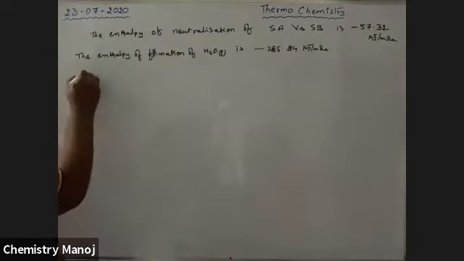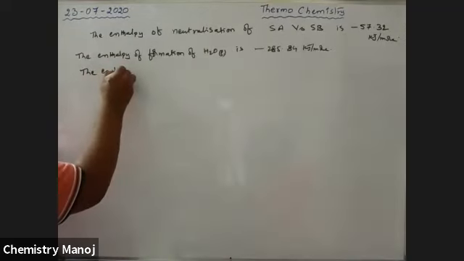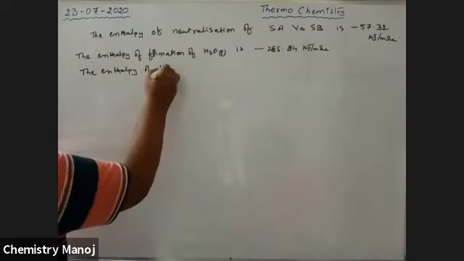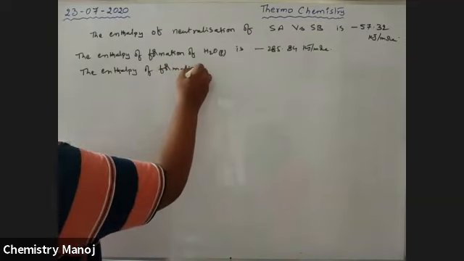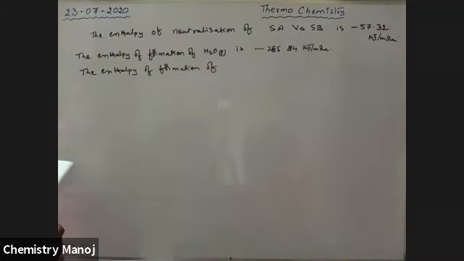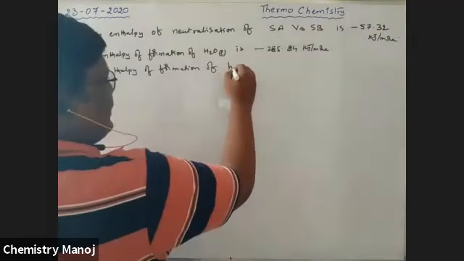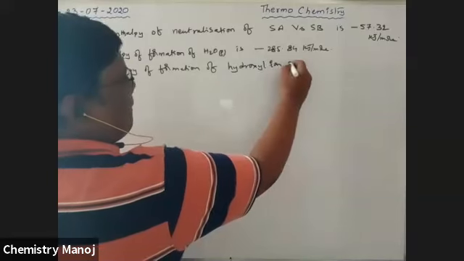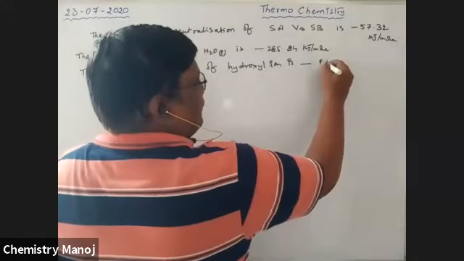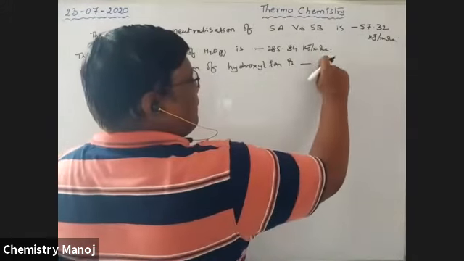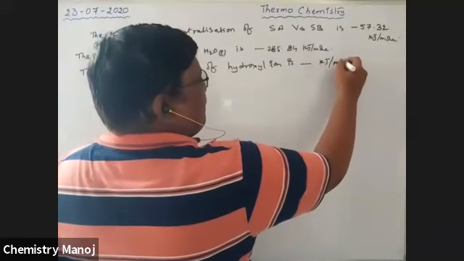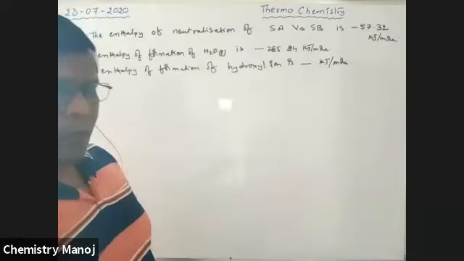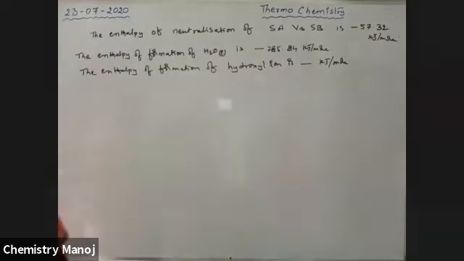The enthalpy of formation of hydrogen ion is dash kilojoule per mole. So this is the question.